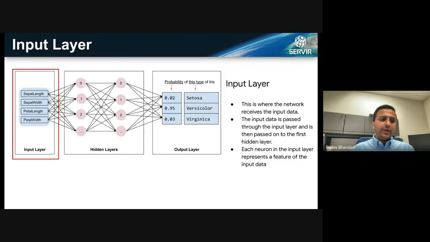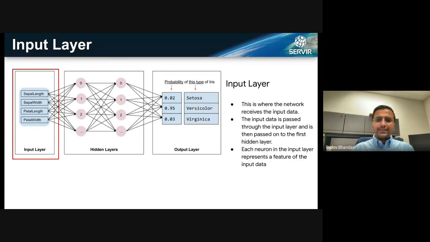Okay, so now we have some basic understanding of different components. Let's go back and look at the input, hidden, and output layers. Your input layer is where the network actually receives your input dataset. There is a lot of pre-processing that goes in before your input layer is ready.